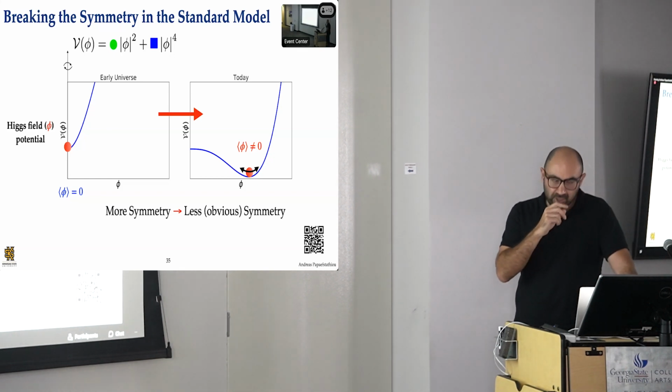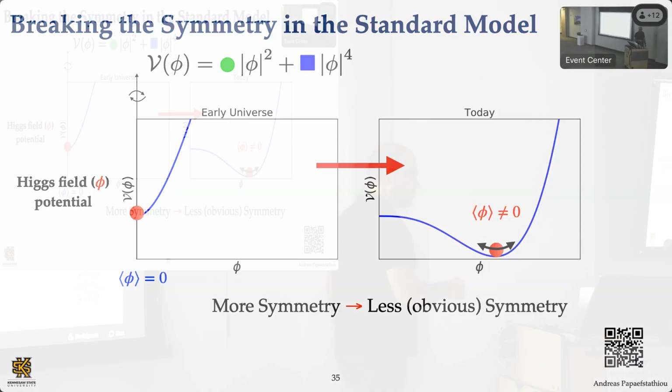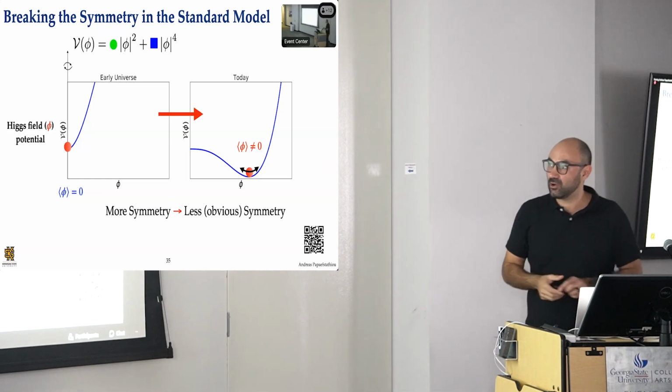So in order to do physics in this broken phase today, I have to go to the minimum and do little expansions of the field around the minimum. So how does that look? Well, we have to take that potential, plug in the minimum plus some deviation from the minimum, and that deviation is going to be called h.